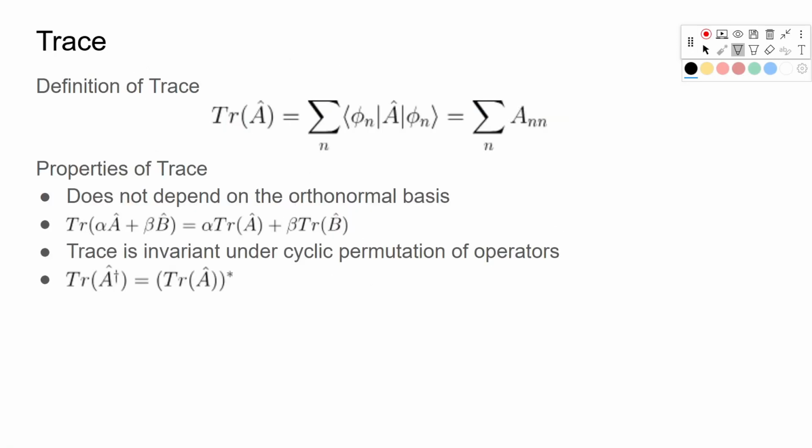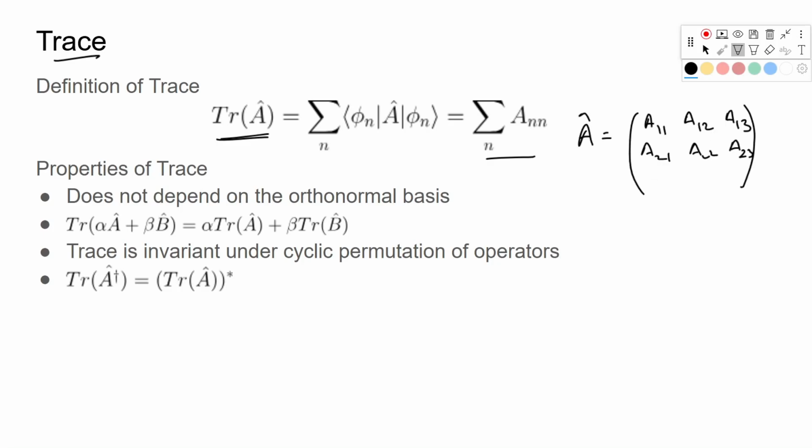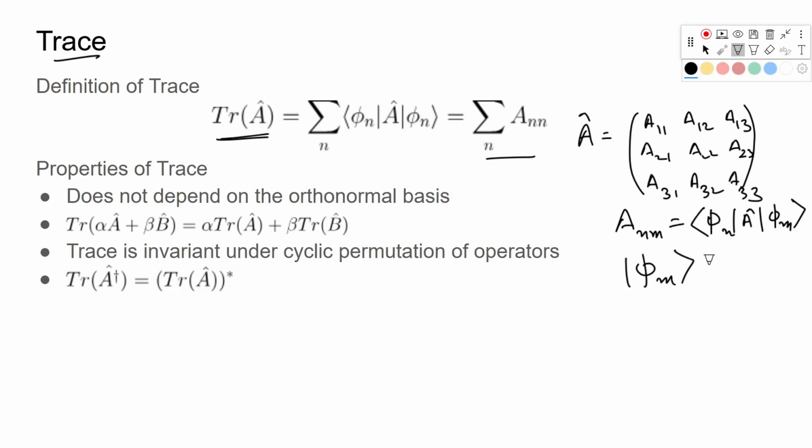Let's now discuss the concept of trace. The trace of an operator is just the sum of its diagonal elements. Let's expand this thought further. We learned that any operator can be put into the form of a square matrix, and that the elements of this square matrix are given by something like this, in which the kets are basis vectors.